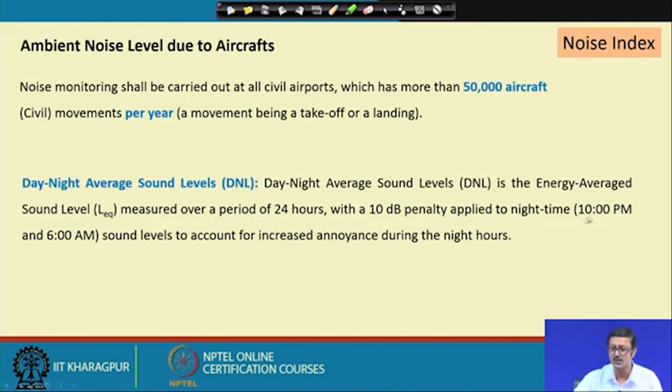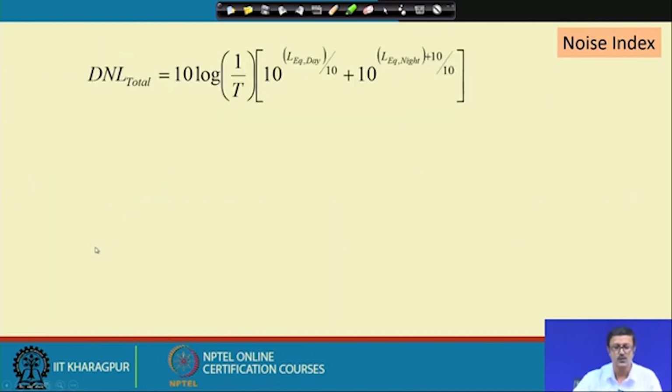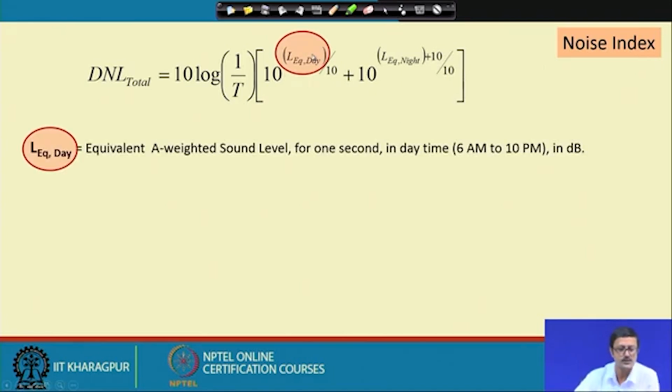So, the night time duration is 10 p.m. to 6 a.m. This DNL total is given by this formula, where this is the equivalent noise level for the day, the equivalent A-weighted sound level for 1 second in a day, from 6 a.m. to 10 p.m. in dB.